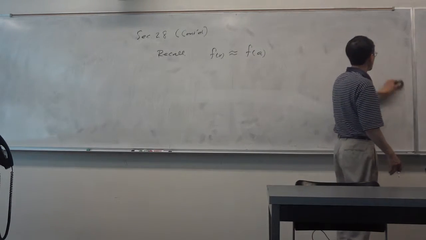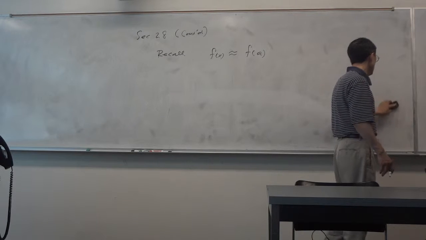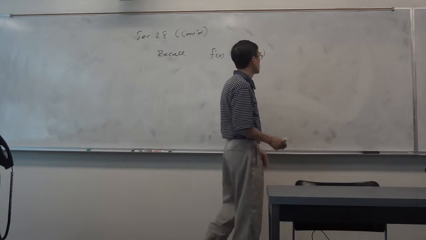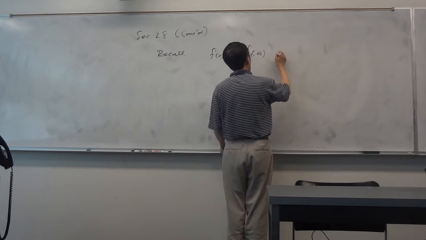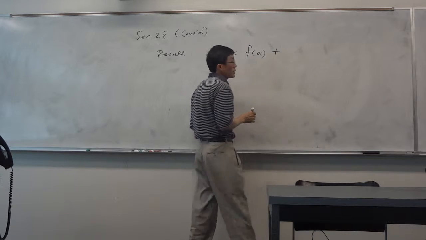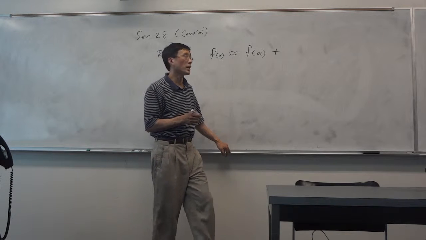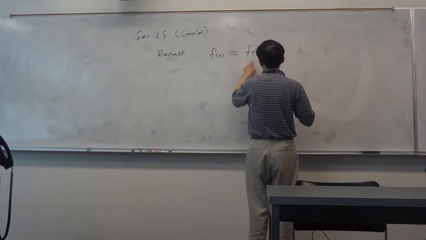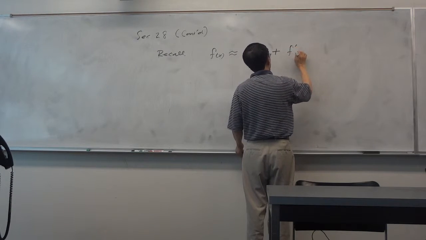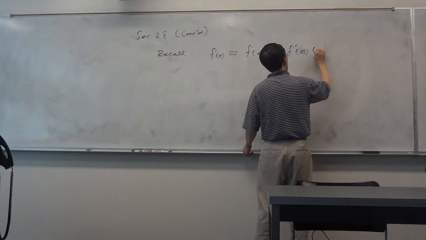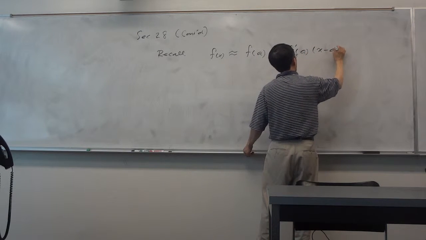But you can certainly do better using the linear approximation, by using the tangent line at a to approximate my function f(x). Okay. So with that, you would have f(a) plus f prime(a) times (x minus a).